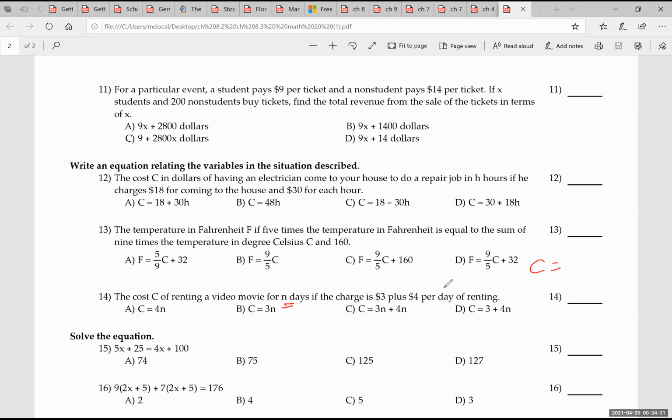You have to make that into a variable as N, because that's how they want to represent the days. So it charges $3 plus $4 every day times N. Okay, so that's the answer.